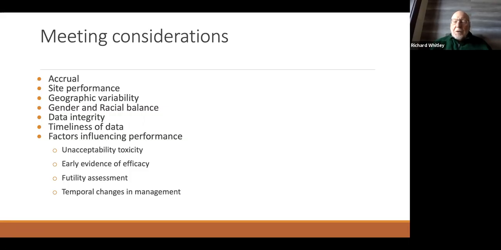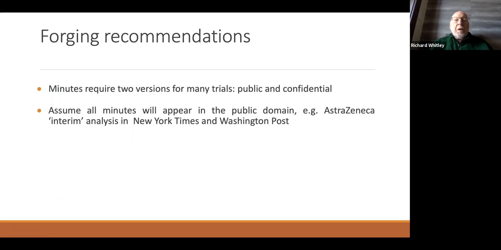And that has to be considered in each trial. So what do we do about forging recommendations? In my opinion, minutes take two versions for many trials, one which is for the public domain and one which is for the confidential reader and for files, namely with NIAID-sponsored studies, the federal government.